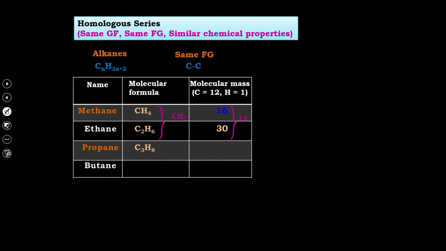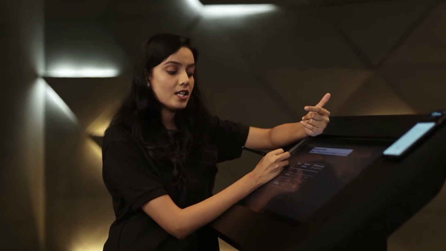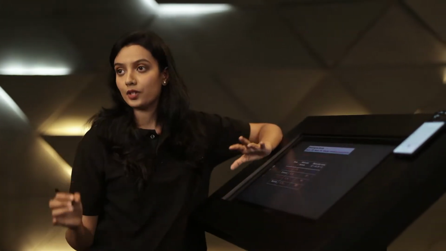mass by 14 units. In a similar fashion, coming to propane and butane, the formula for propane is C3H8 and mass is 44, while in case of butane the formula is C4H10 and the mass is 58. So, again you can see here that propane and butane differ by 1 carbon and 2 hydrogen and their molecular mass also differs by 14 units.